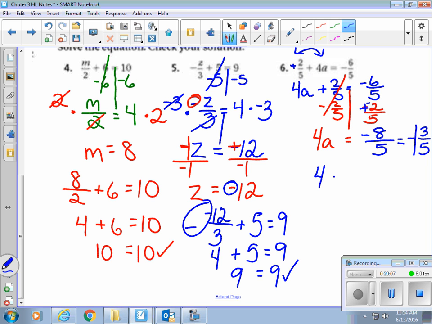So we've got 4a equals, you can still keep it as that negative 8/5 or rewrite it as negative 1 3/5, whatever you'd like to work with. I need to get rid of that 4 that's being multiplied by a, therefore I'm going to divide both sides by 4. These cancel out, leaving me with a. Negative 1 3/5 divided by a positive 4 leaves me with a negative 2/5.